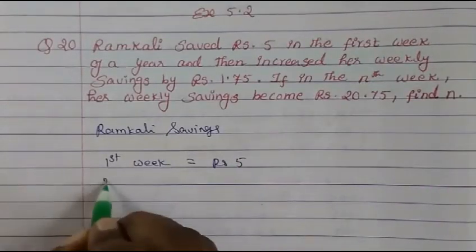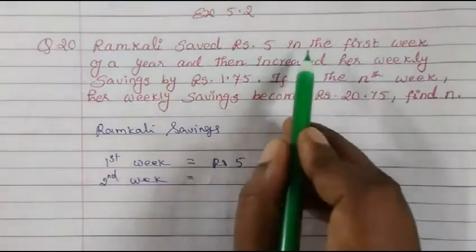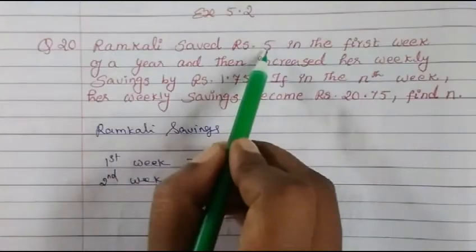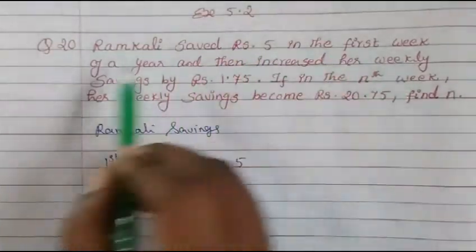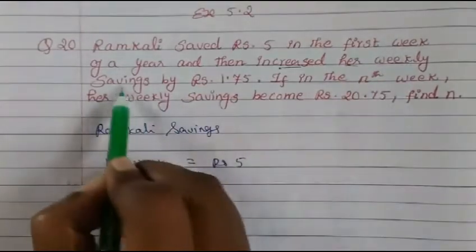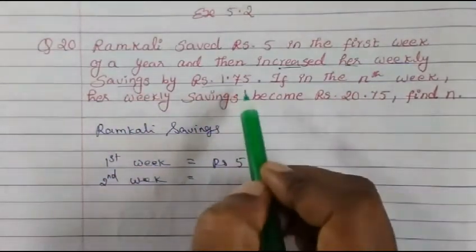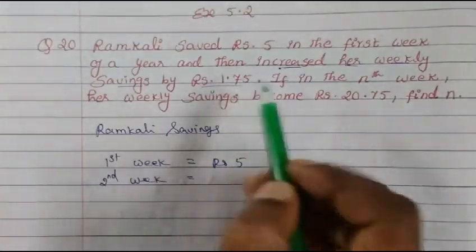Okay. So then the second week. In the first week she saved rupees 5, the first week of a year, and then increased her weekly savings by rupees 1.75. So every week it is increased by 1.75.